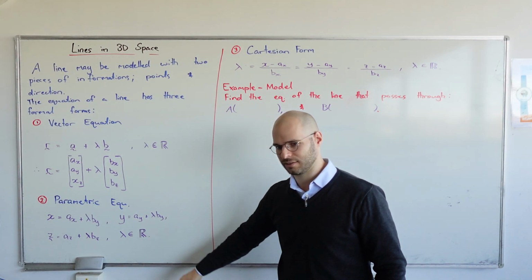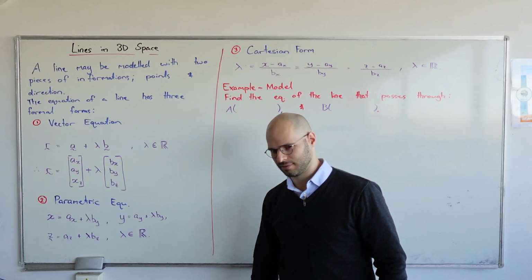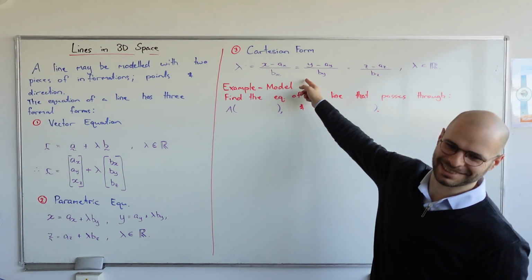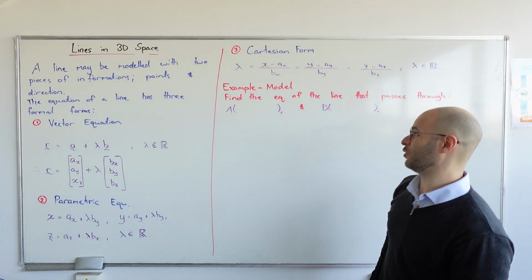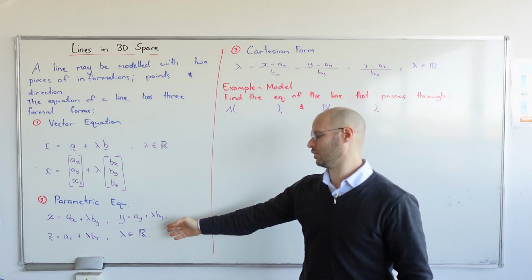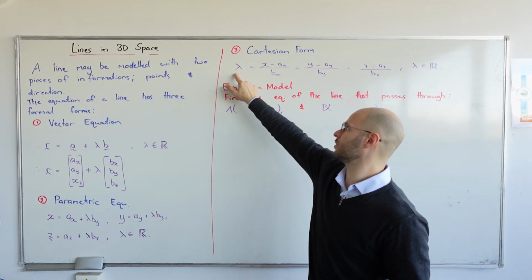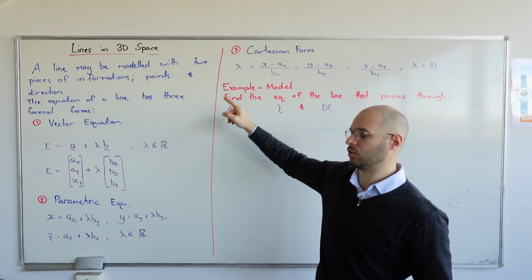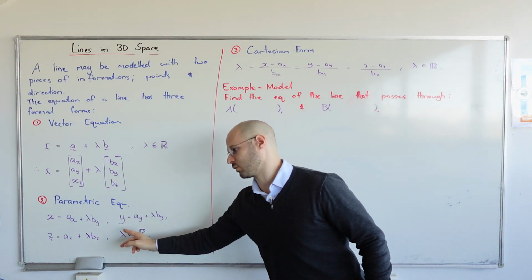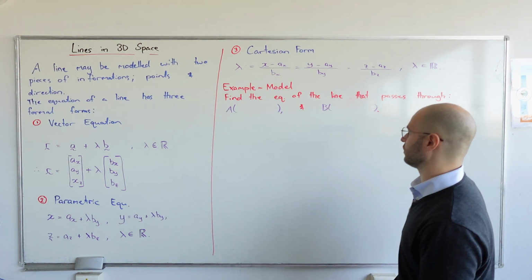What would you get? Cartesian form. So to move between the different forms, you just rearrange in terms of, say, lambda. So they're all equal to lambda here, or you can just arrange them into x, y, z. Just is what it is.